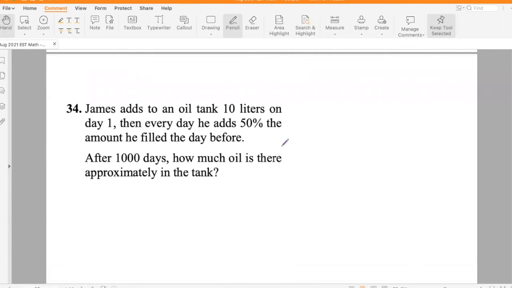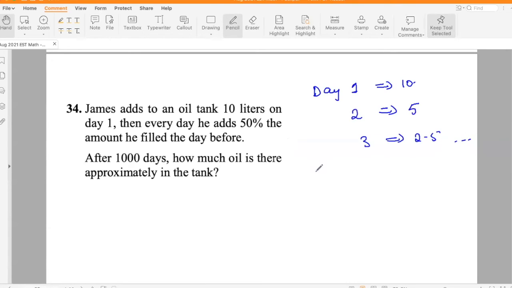James adds to an oil tank 10 liters on day one. Then every day he adds 50% the amount he filled the day before. After 1000 days, how much oil is there approximately in the tank? Okay, so day one, he added 10. Day two, he added 50%, so 5. Day three, 2.5, and so on.